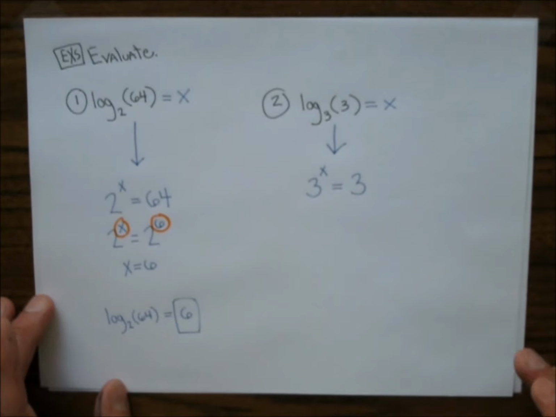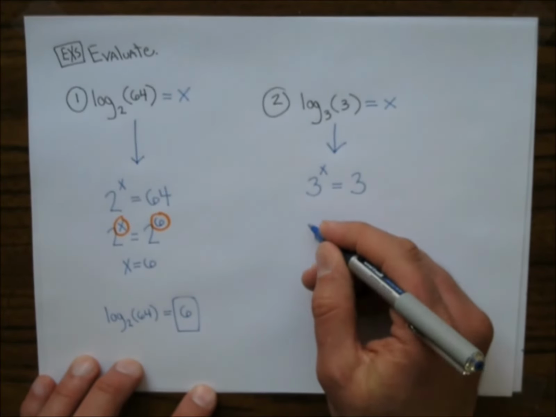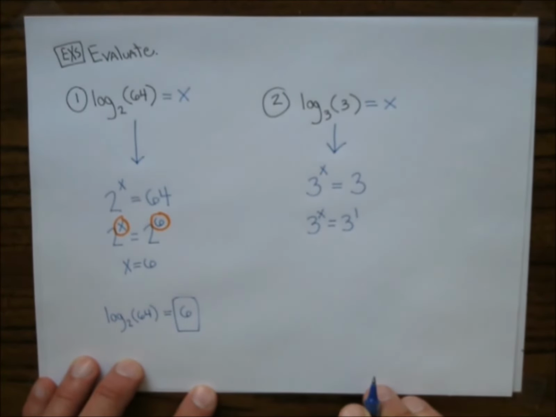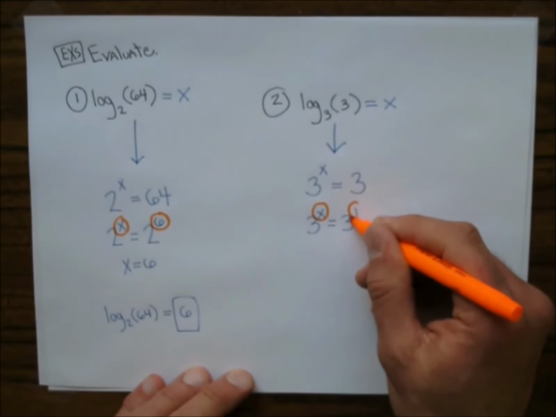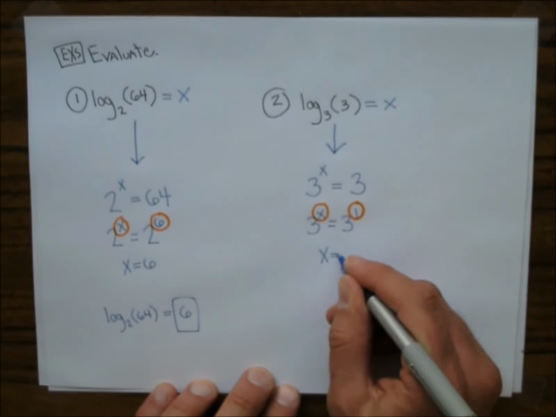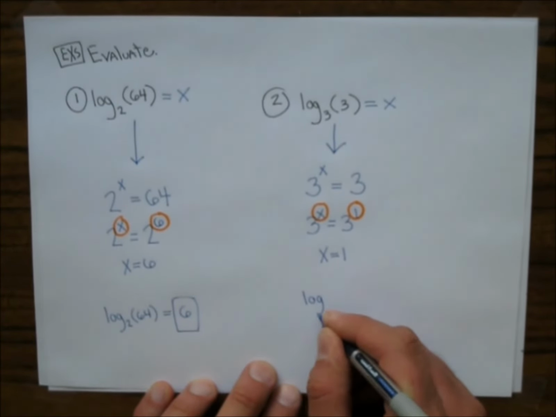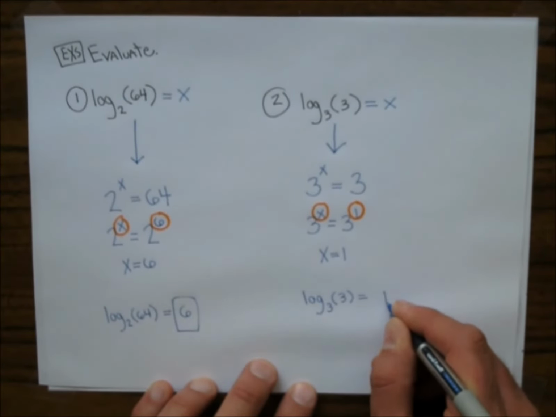And our question is, can we get a common base? And the answer to that question is yes, the common base is 3. This is 3 to the x equals 3 to the 1. We have 3 to this equals 3 to that. We set this equal to that, and we end up getting x equals 1. So we have just evaluated this logarithm. Log base 3 of 3 equals 1.